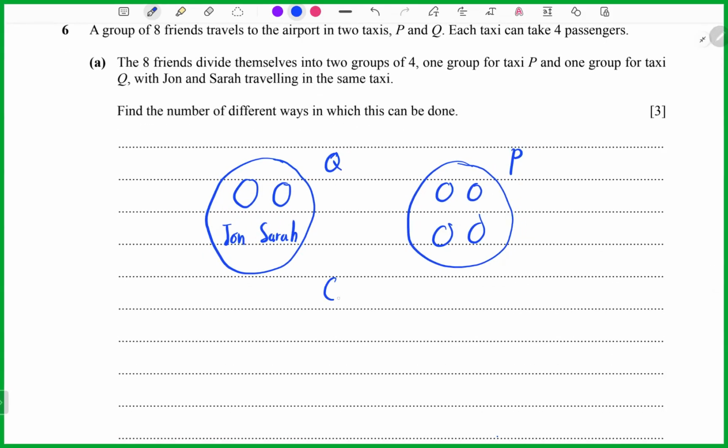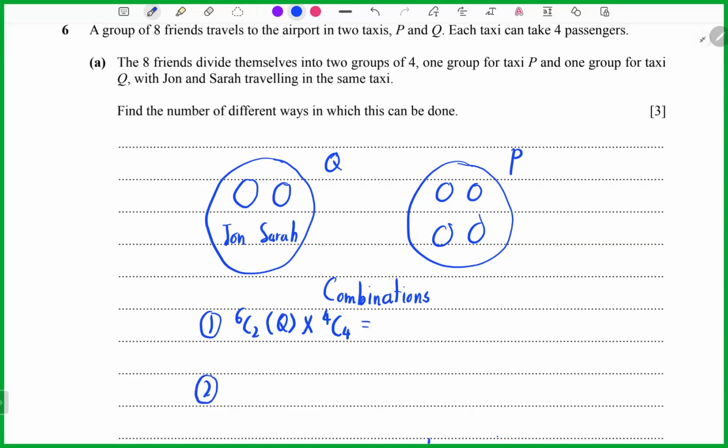Actually, you need to use combinations. There are 2 ways to solve this question. First way, with 6 people, you can take 6C2 for taxi Q, multiplied by 4C4 because we have 4 persons in taxi P already. Okay, you get the answer.